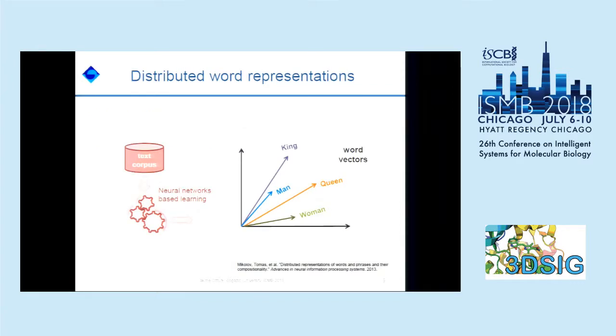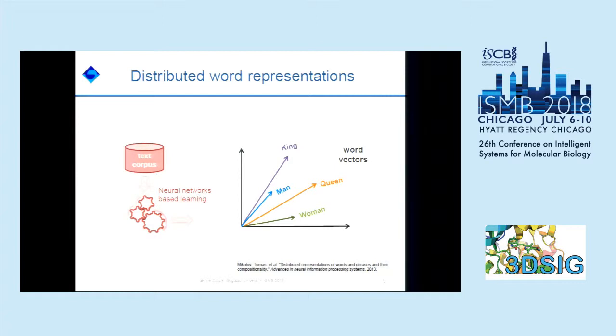So based on this information, saying that SMILES is simple and text-based, we can apply as many text-based algorithms on it. And one of the methods that we use is a form of distributed word representation. The term itself is old, but it has regained its popularity with Tomas Mikolov's recent study called Word2Vec.